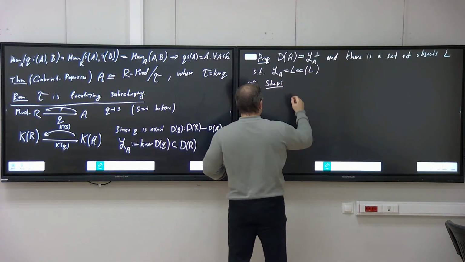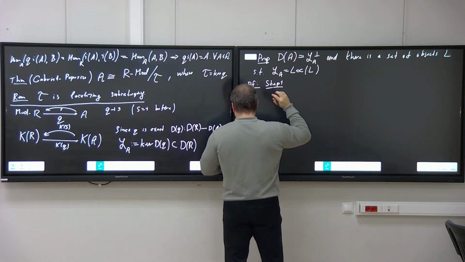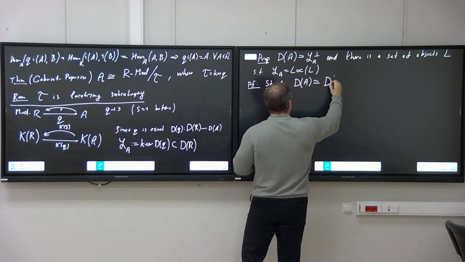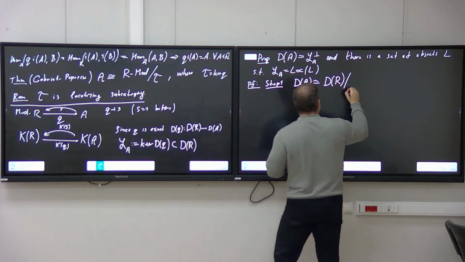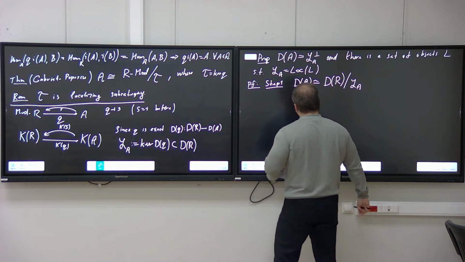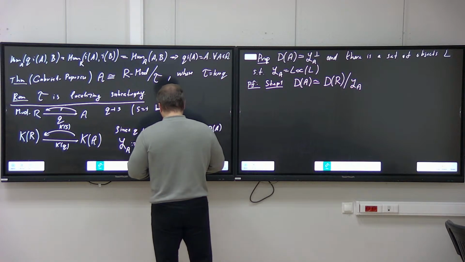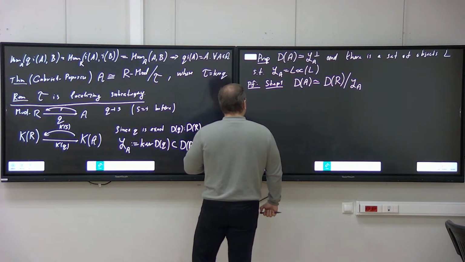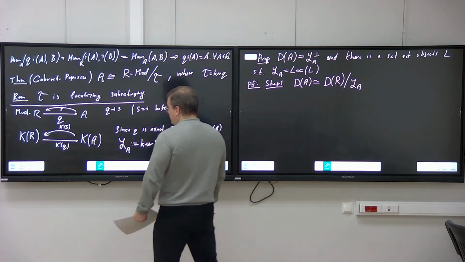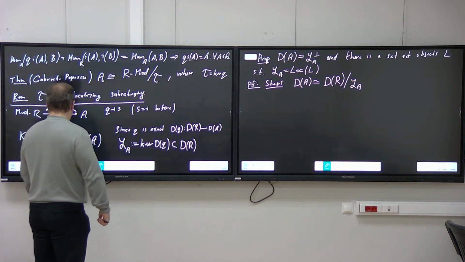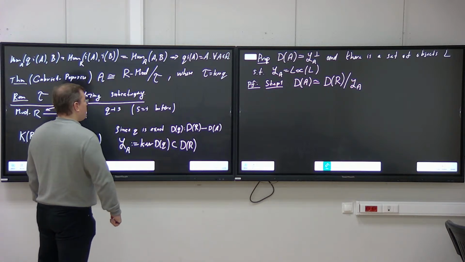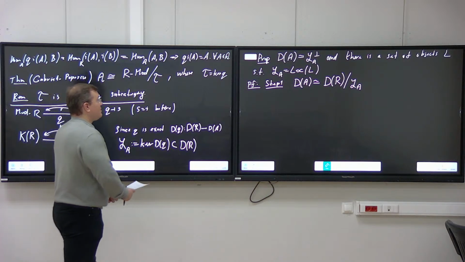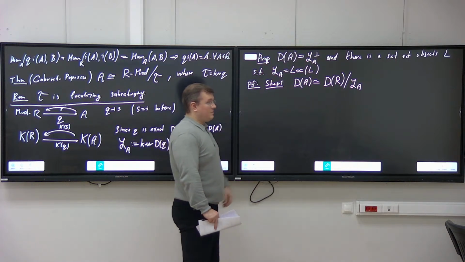So step one is to show that the derived category of A is equivalent to the quotient of the derived category of the ring R by L sub A. Okay, and notice that if you prove this, we more or less immediately get the statement in the proposition, this one.